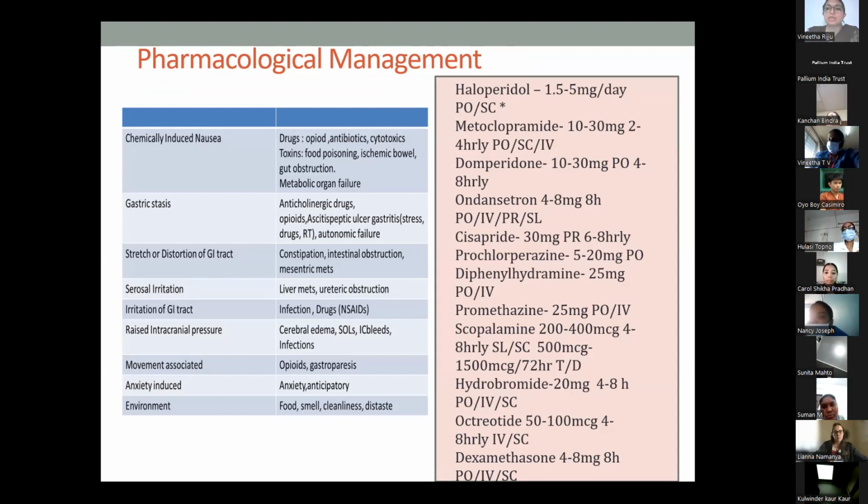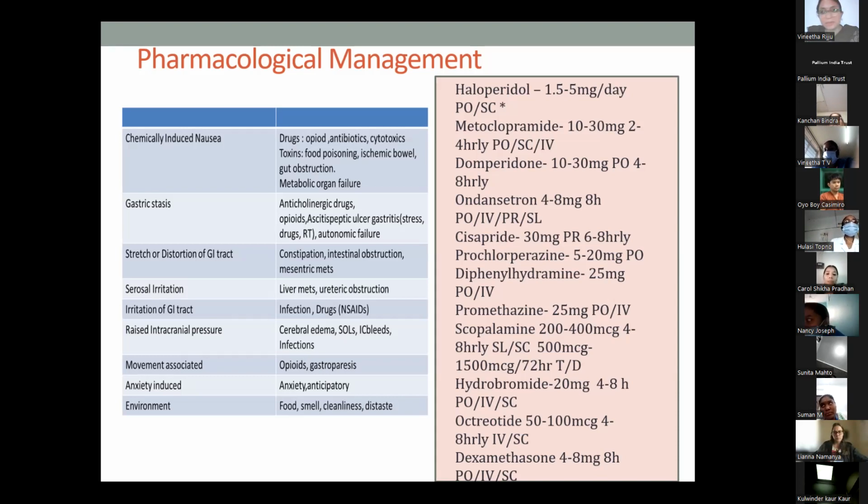Metoclopramide, again, you can start off at 10 milligram, and it can be given 6 hourly or as frequently as 2 hourly or 4 hourly, orally, subcutaneously or IV, as the patient tolerates. Always be careful when giving parenteral metoclopramide, because some patients can show extrapyramidal symptoms. So just keep a watch on it.